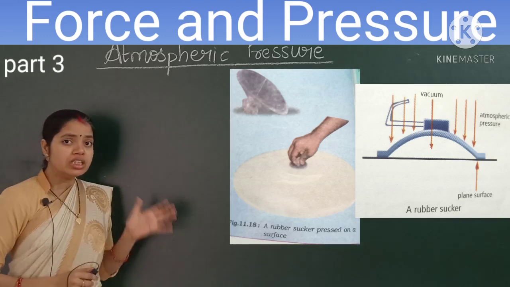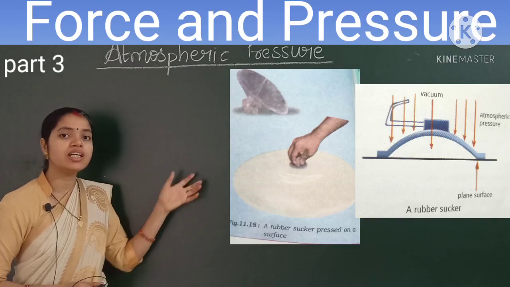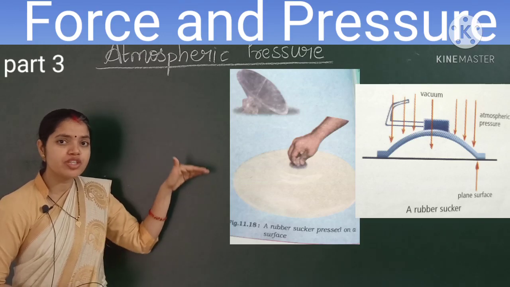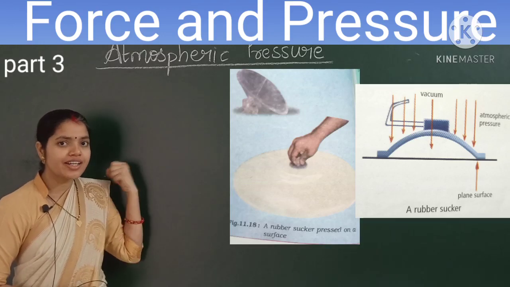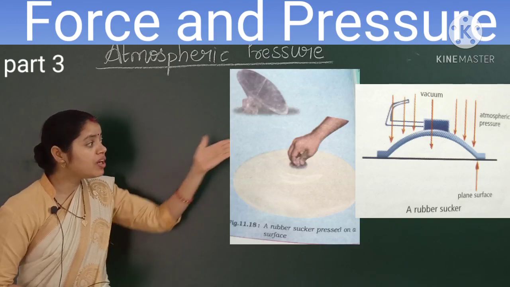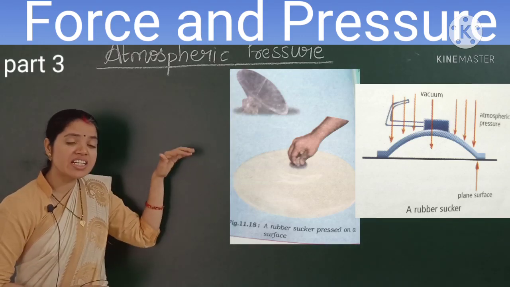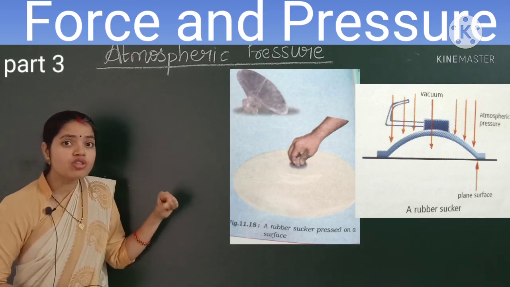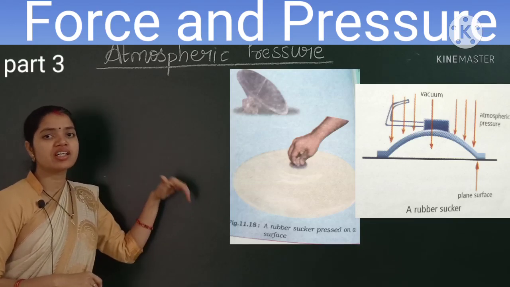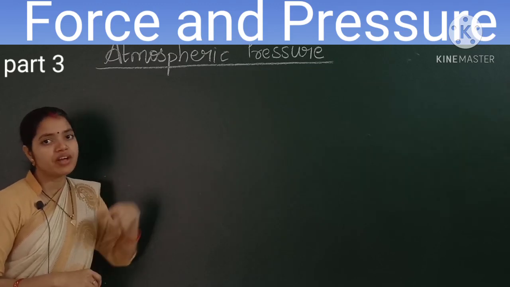The air which is present between the rubber sucker and the surface of the earth escapes out, and the rubber sucker sticks to the surface. So between these two, a vacuum is formed. So why does the rubber sucker stick to the surface of the earth? Because of atmospheric pressure. Atmospheric pressure applies more on the rubber sucker, that's why it sticks to the surface of the earth, and it is very difficult to pull that rubber sucker.